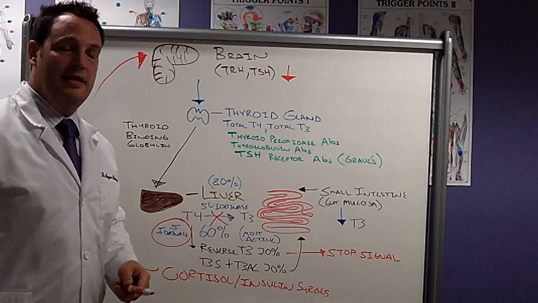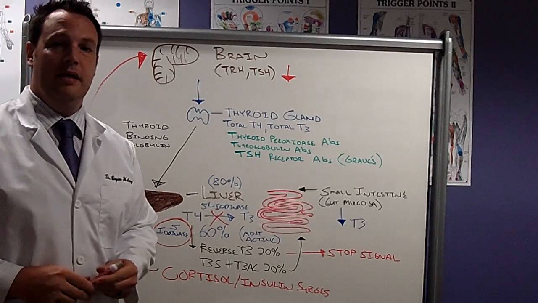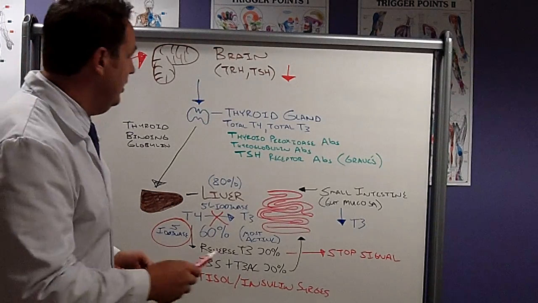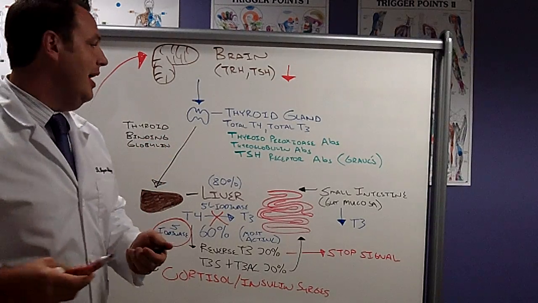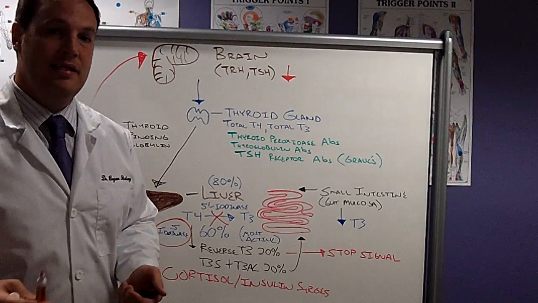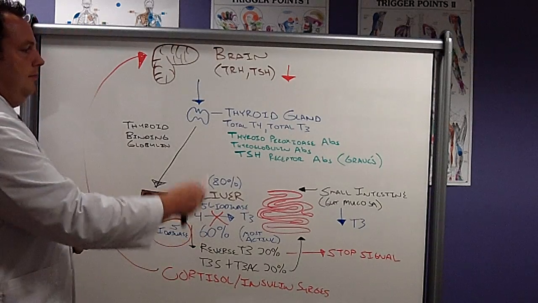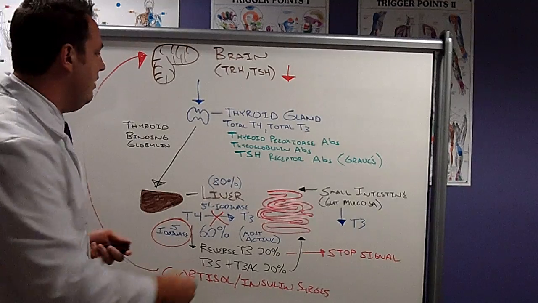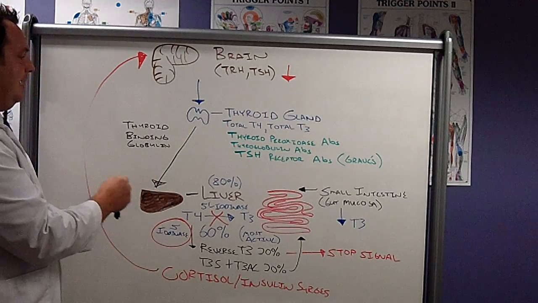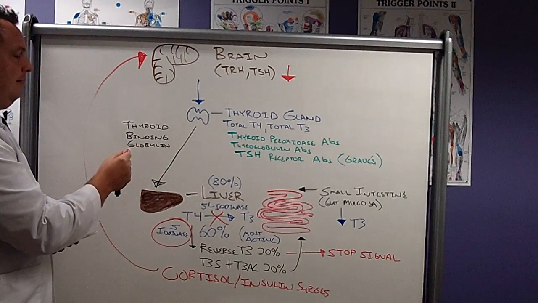I know we're getting pretty in-depth with physiology here, but again, I wanted to recap. We take it from the brain to the thyroid gland. Thyroid hormone is produced by the thyroid gland, specifically by the thyroid peroxidase enzyme. The total T3 and total T4 travel out of the thyroid gland by way of thyroid binding globulin.